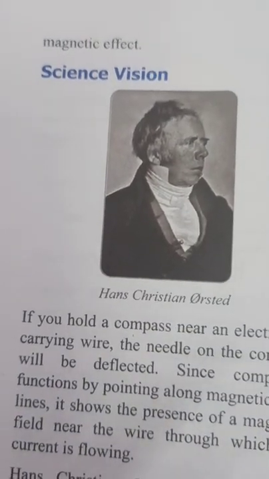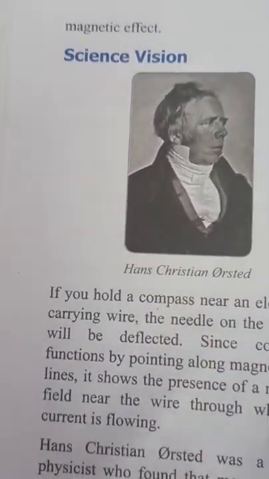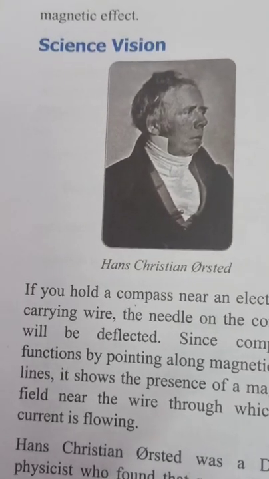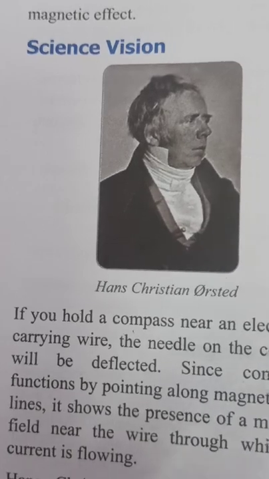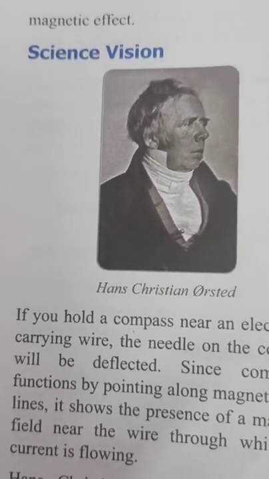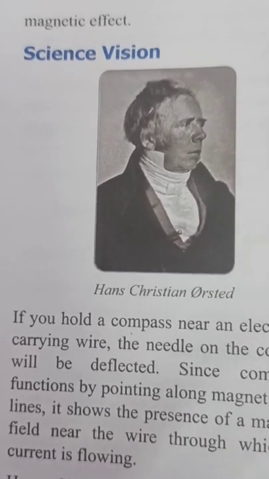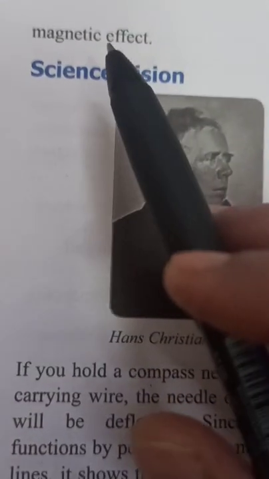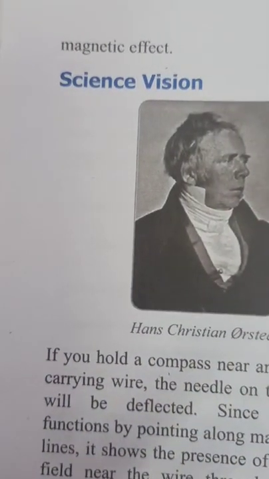Children, just like an electromagnet, I have told you that a solenoid also behaves as a magnet as we pass electricity through it. When we switch off the electric current, and the current stops passing through it, then it will not behave as a magnet and it will lose its magnetic effect.